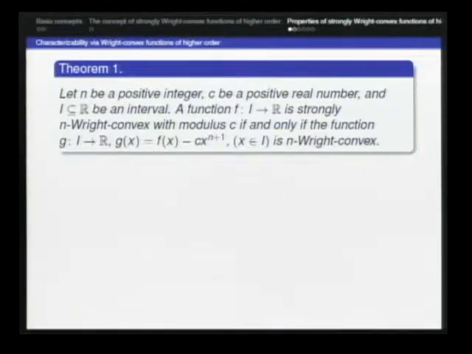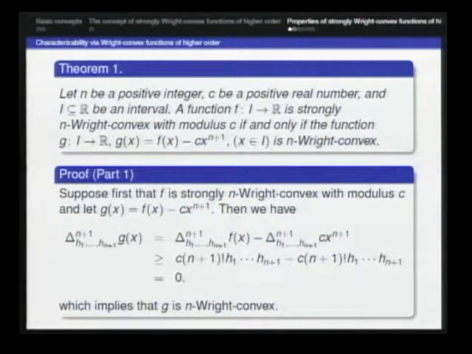Which means that if we have a strongly n-Wright convex function with modulus C, and we denote it by f, then f of x minus C times x to the power n plus 1 will be an n-Wright convex function, and vice versa. If we have an n-Wright convex function g, and we consider the function f of x, which is g of x plus C times x to the power n plus 1, then we get a strongly n-Wright convex function with modulus C. So this is the characterization.